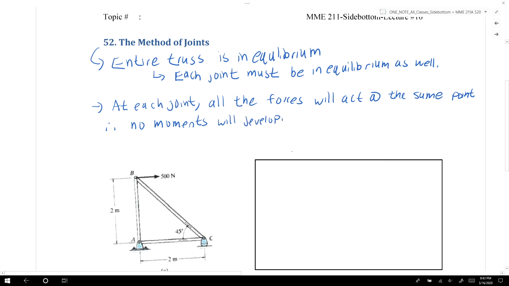Because of this, we can say that only the sum of all the forces in the x direction has to be equal to 0, and the sum of all the forces in the y direction has to be equal to 0 to ensure our equilibrium condition.